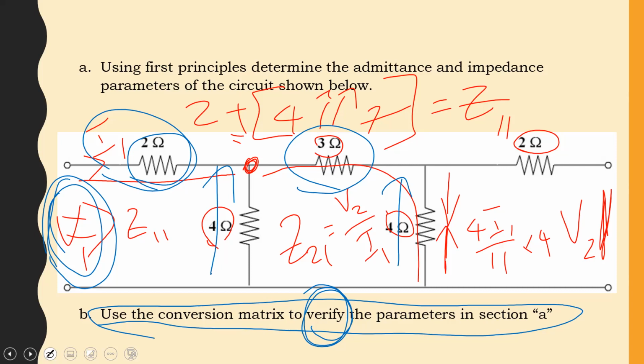I was also thinking that, seeing that it's relatively symmetrical, Y11 and Y22 would be equal in the admittance. I didn't find any admittance.